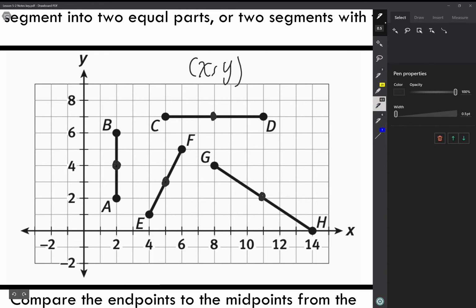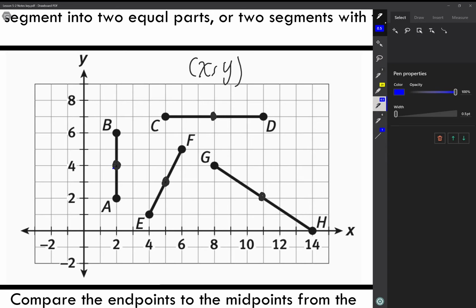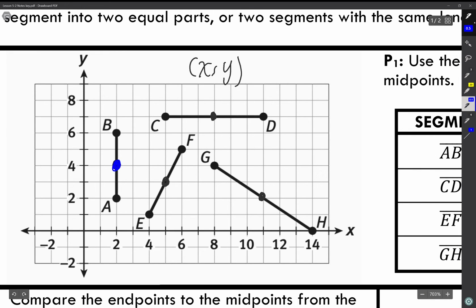The midpoint for the first one was 2, 4. So it's right here. All right, it's 2, 4, and we can tell it's the midpoint because it's exactly in the middle of A and B. Okay, CD. Another one where we can tell exactly where the middle would be right here. It is at 8, 5.